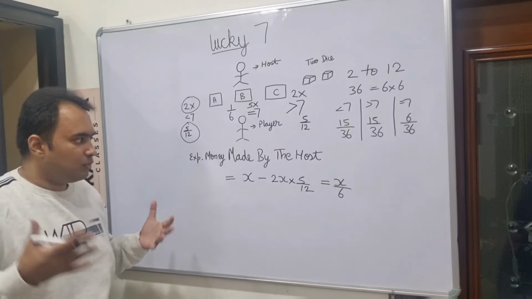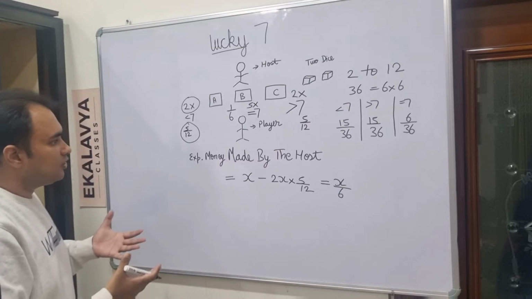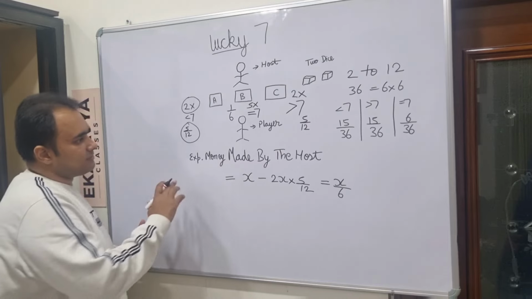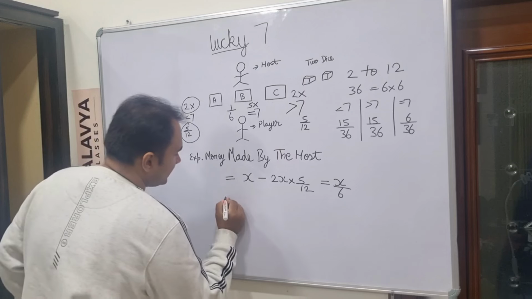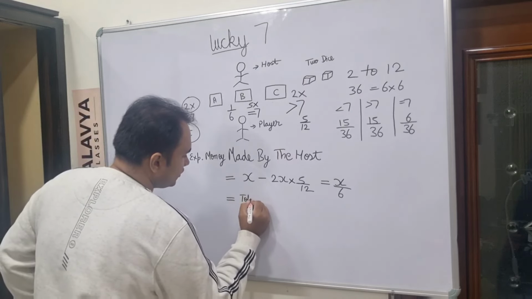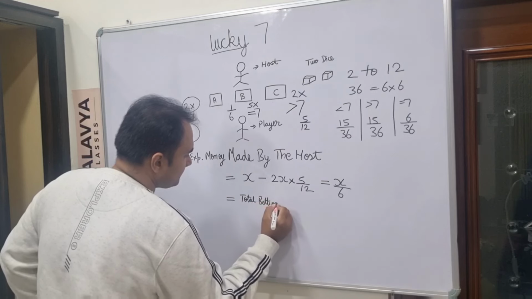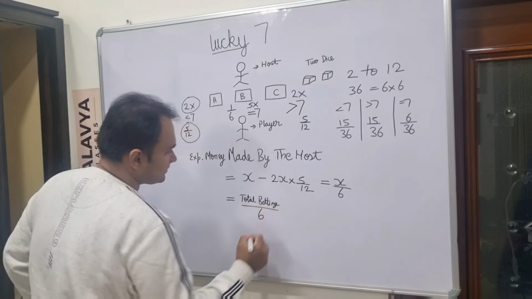Now we can prove and generalize this to the fact that the expected money made by the host will be equal to the total betting divided by 6.